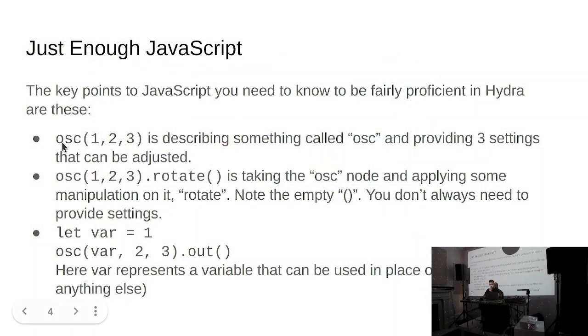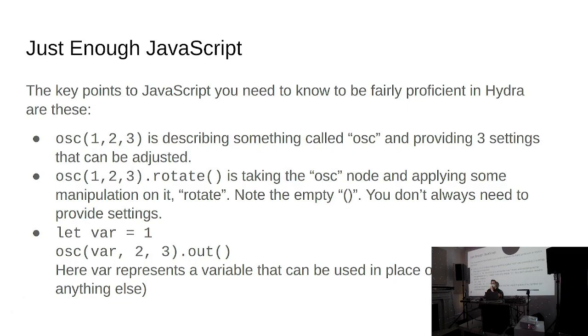So essentially, osc is short for oscillator. That's the module. There's a bunch of set modules that you can interact with. These parentheses group together the set of settings, the options that get passed in. They can be adjusted, and their position in the list represents which setting you're talking about.